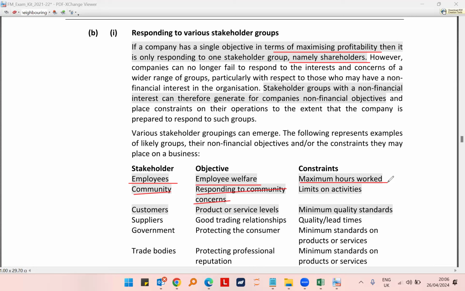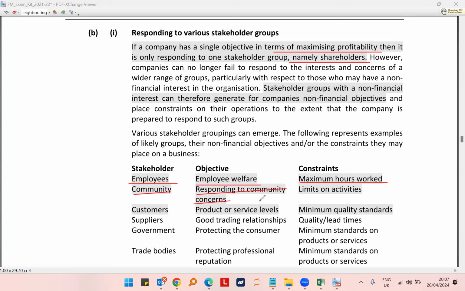Most times they're supposed to work for, I think, 8.5 in Uganda, or 8. But you find that most people actually are working for 12 hours a day, if you're being honest with yourself. And auditors don't even count the hours they work. But you can see that that's a constraint.